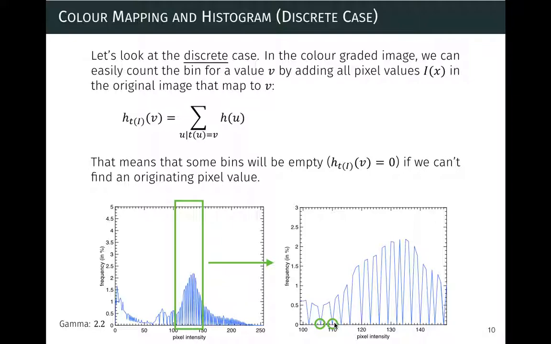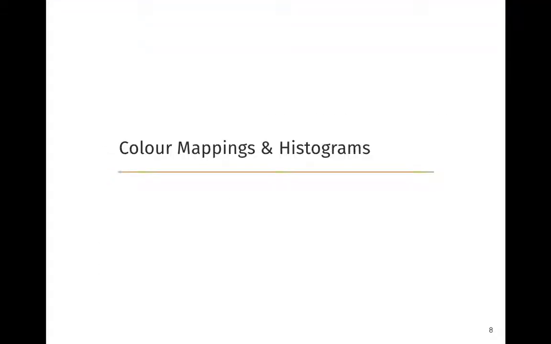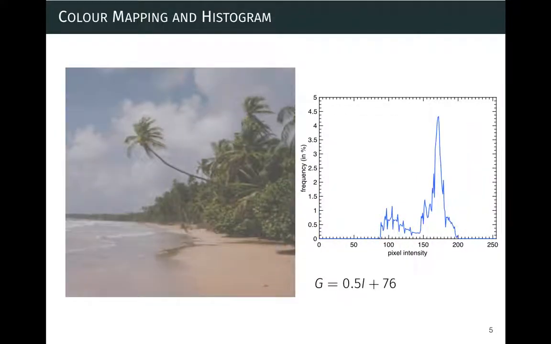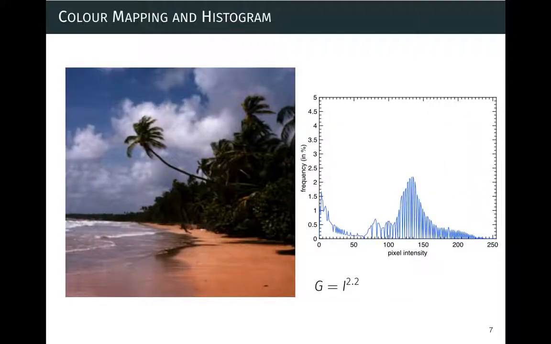Conversely, you'll sometimes have, and that is the case here, spikes, where two values have mapped to the same value, and therefore you have a bigger spike there. So it's a bit of a mess. Some values merged, and some values kind of disappear. And therefore, this is why you have this noisy representation of your histogram. We started from a smooth histogram, but now it's a bit messy because there's a lot of values for which we don't have any more representation.